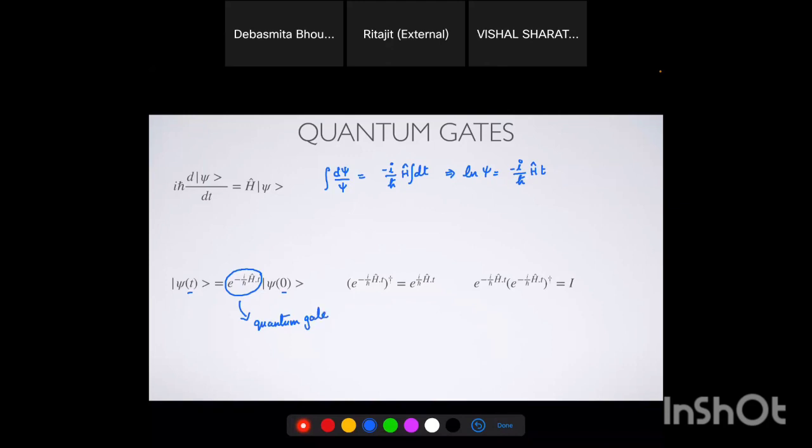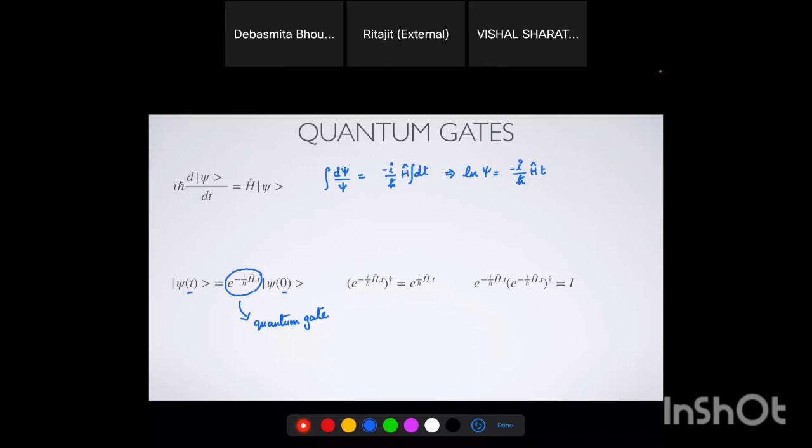This is a quantum gate which is evolving the qubit from time 0 to time t. How this will be evolved depends on the Hamiltonian and on the time, but we won't worry about that right now. So what is the property of this quantum gate? If we take the dagger of it, what is dagger? It is conjugate transpose. Transpose means you take the column vector to a row vector, and conjugate means plus i becomes minus i.